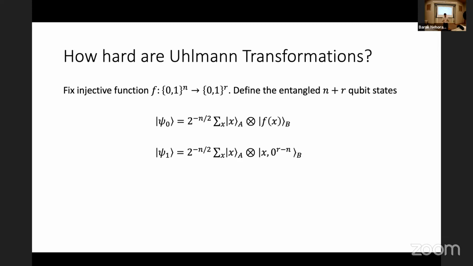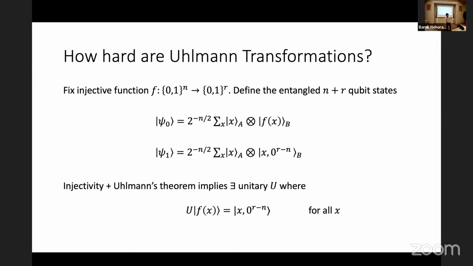If you do the math, you can show that because of the injectivity property, the marginal state of psi 0 and psi 1 looks the same on system A. It's just a uniform distribution over all n-bit strings. So by Uhlmann's theorem, there is some local transformation acting only on the second part, on system B, that maps psi 0 to psi 1.